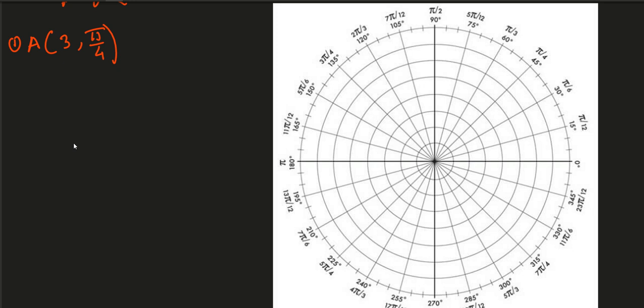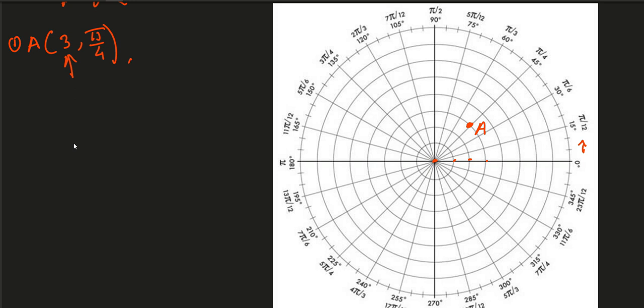Here, 3 is the distance from the pole. Let's say this is the pole, and the rotation is pi over 4. The rotation is positive, that means we'll move in the counterclockwise direction. So 3 units from the center or origin, 1, 2, 3, and pi over 4 is here. So this is point A.